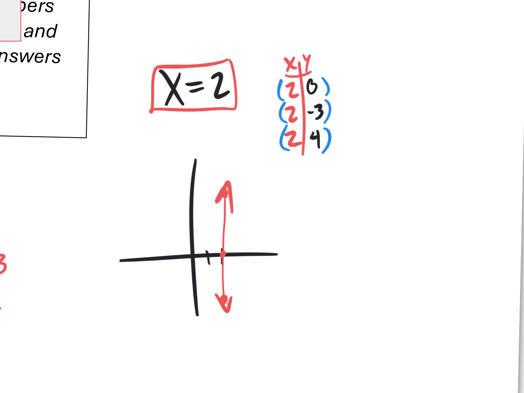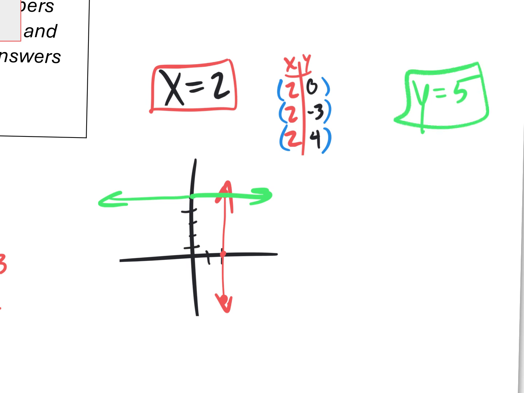Anytime you have an equation that says x equals a number, it's going to be a vertical line, okay? Likewise, if I were to say y equals 5, that's not going to be vertical anymore. Now it's going to be horizontal, right? You go to 5 on the y and you draw a horizontal line right through it, side to side.